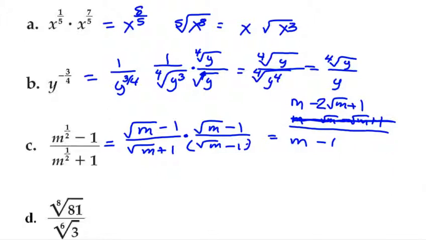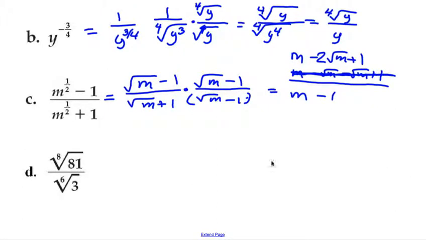Alright, and this last example. This one, it's going to actually be easier if I turn them into exponents, so I can use my rules for exponents. So on the top I have 81 to the 1/8, and on the bottom I have 3 to the 1/6.